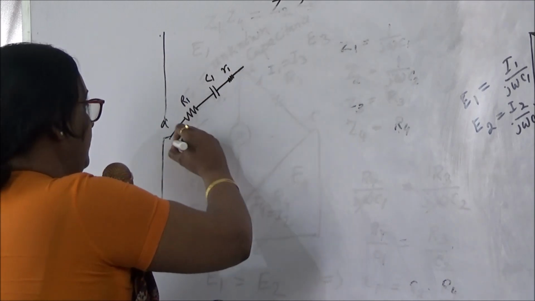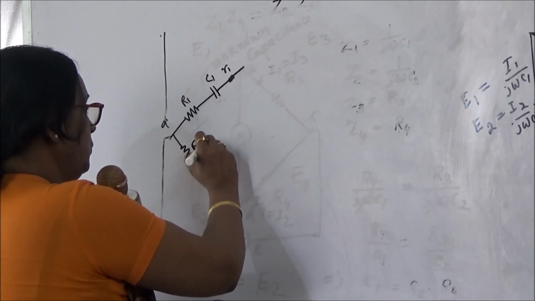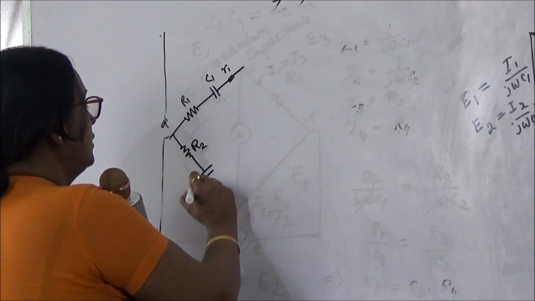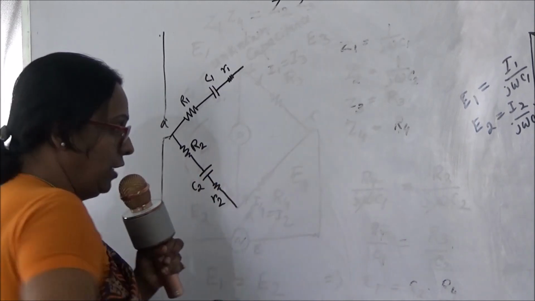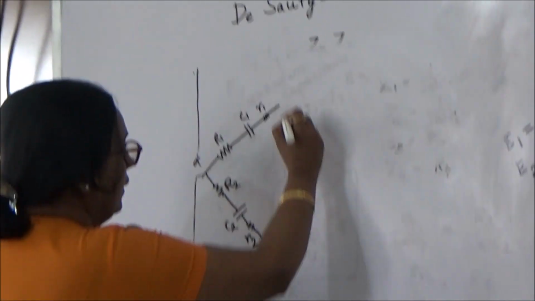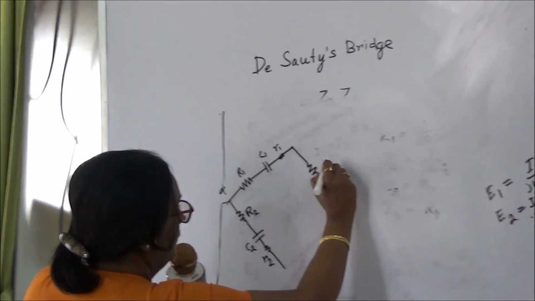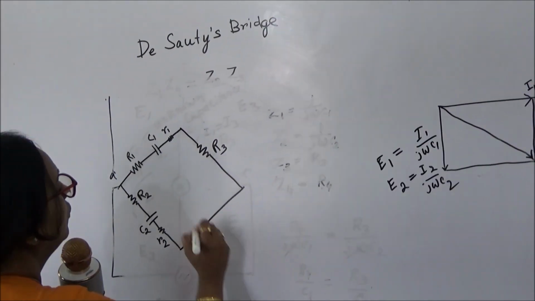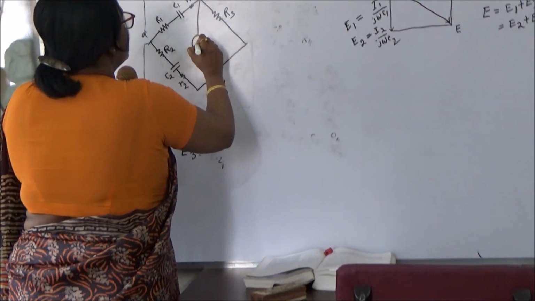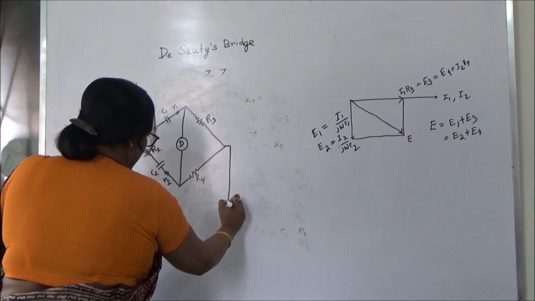And in this arm, there will be resistance R2, capacitance C2, and another small resistance r2. And here, as usual, this will be my R3, this will be my R4, and this one is the detector D, and supply is connected here.